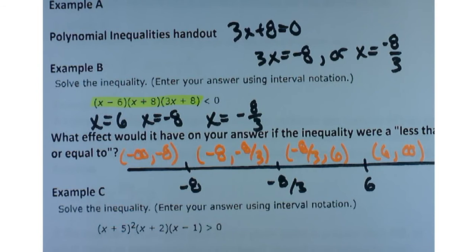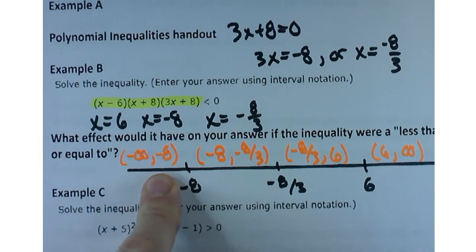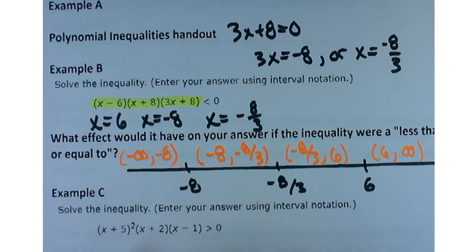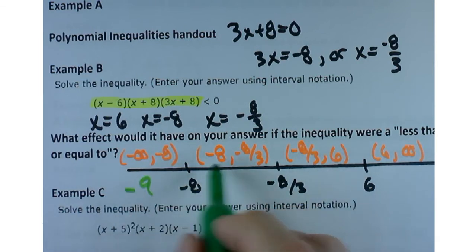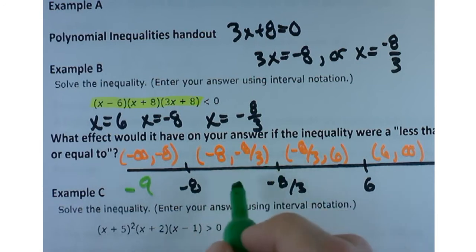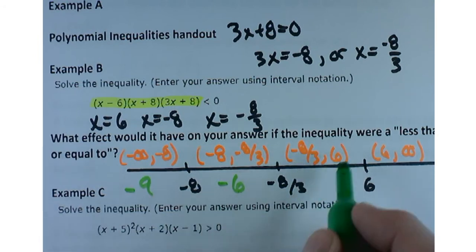So what would be some good test points? I need a point that's to the left of -8. So what's to the left of -8? Sure, -9. Something between -8 and -2 2/3. -6 will work. How about something between -8/3 and 6?